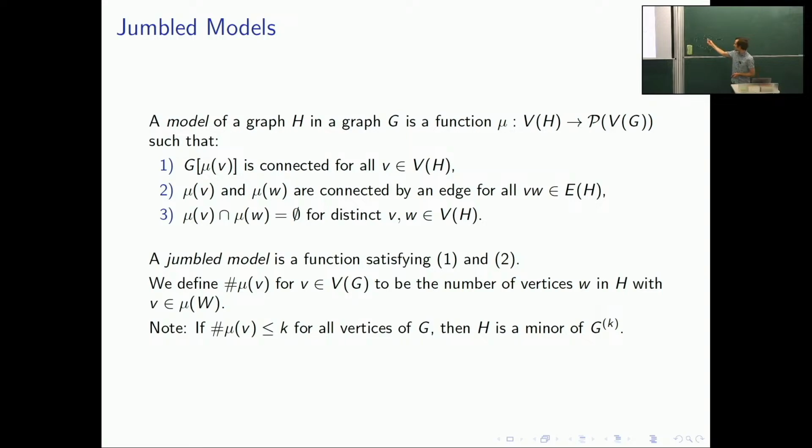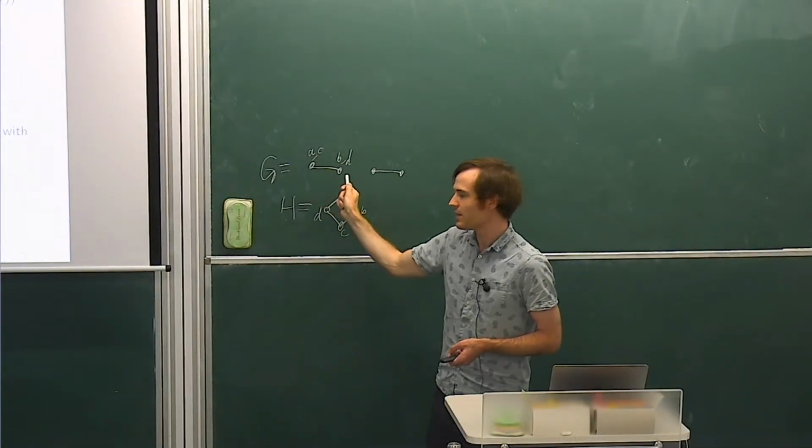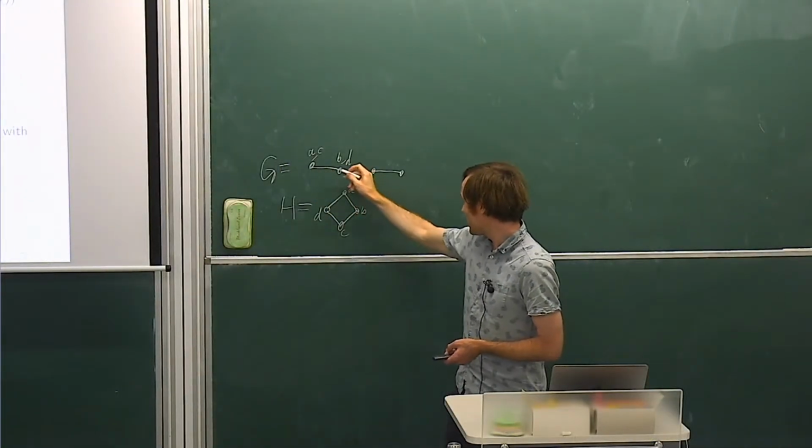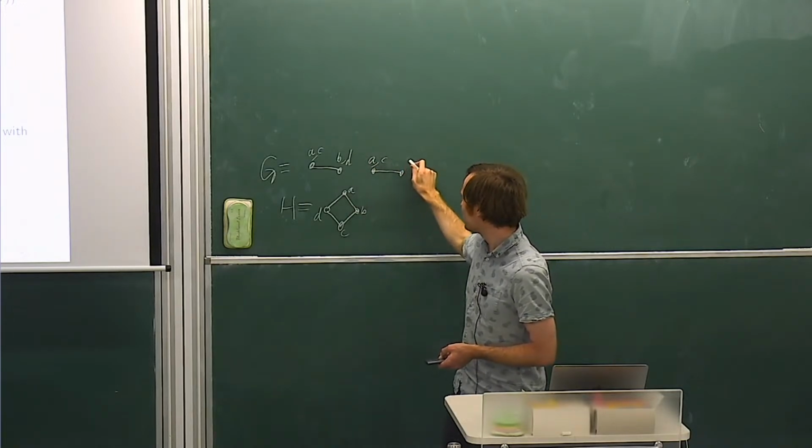If we assign this jumbled model weight half, then the total weight at each vertex will only be 1. And then we get a second jumbled model over here by doing the same thing.